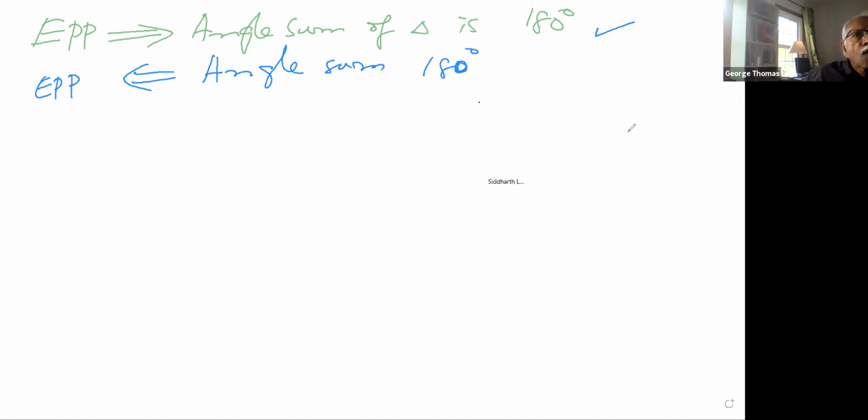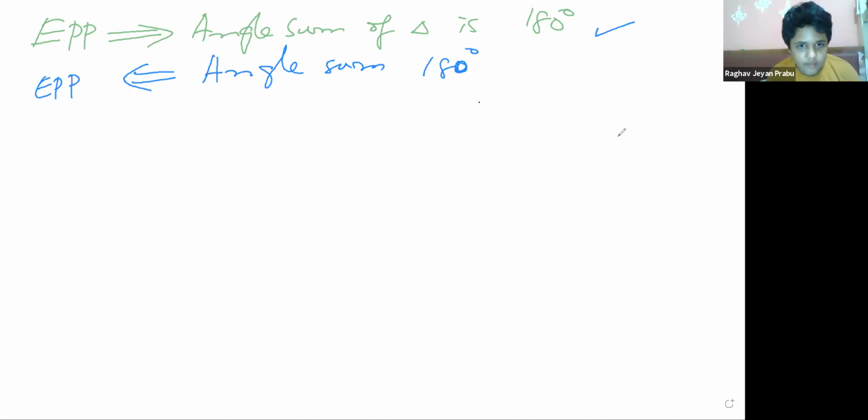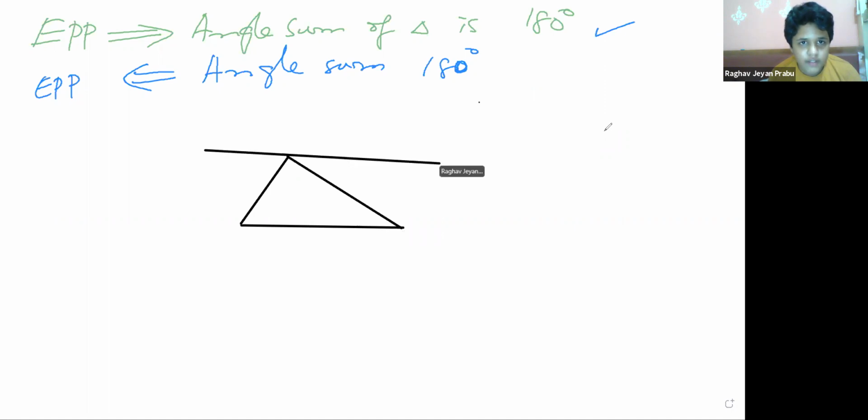Okay, sir. So what I'm saying is we can draw a triangle like this. And then we can construct a line L such that this angle is equal to this angle.